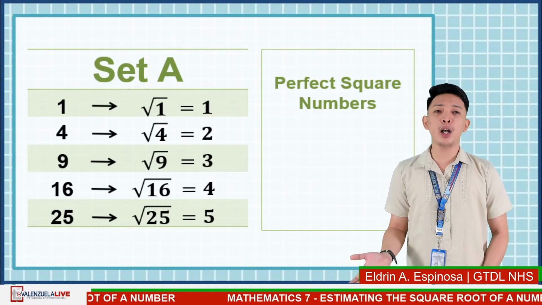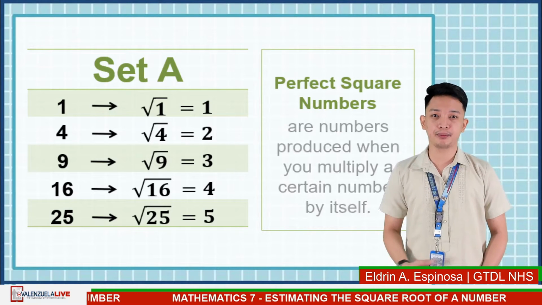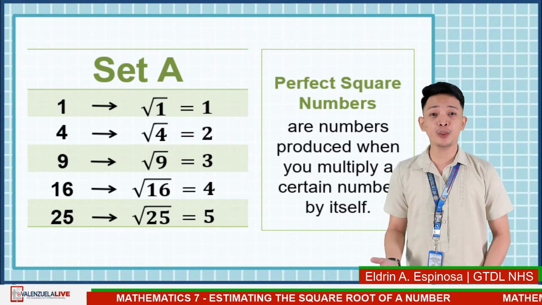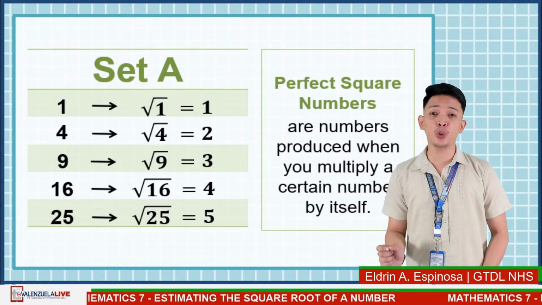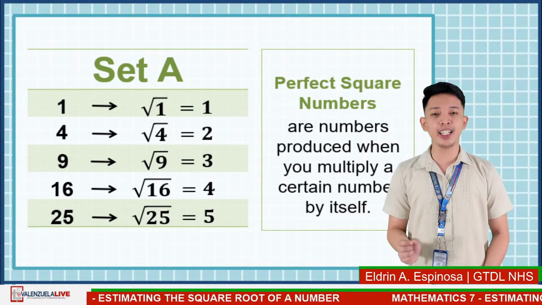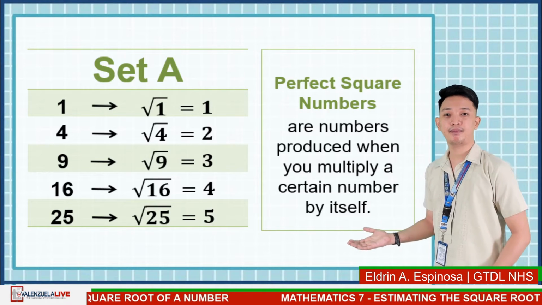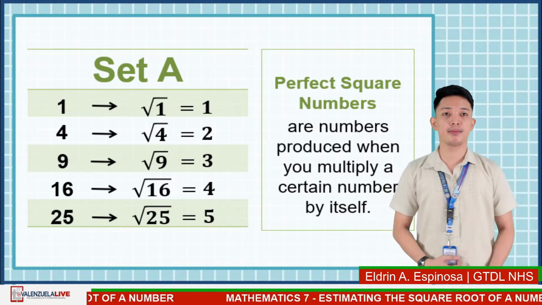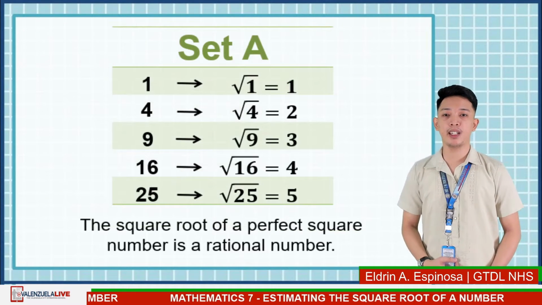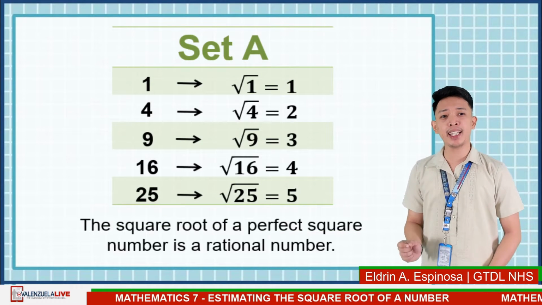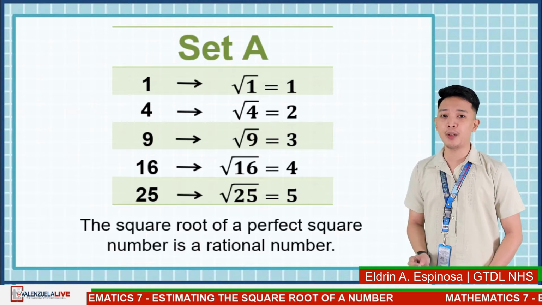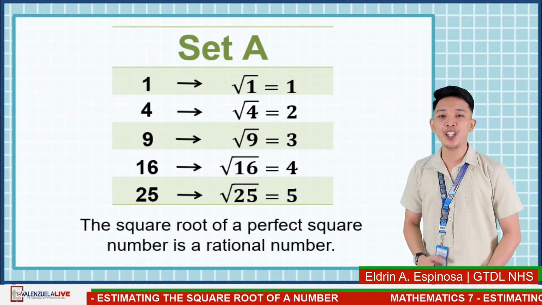And what are perfect square numbers? Perfect square numbers are numbers produced when you multiply a certain number by itself. Take note that when we get the square root of a perfect square number, the answer is a rational number.